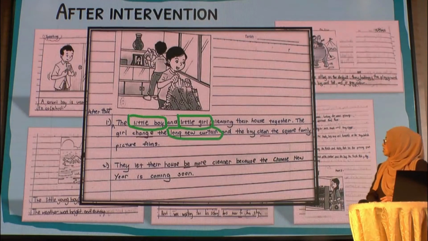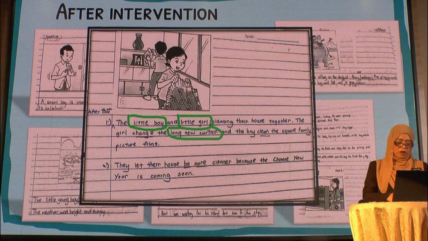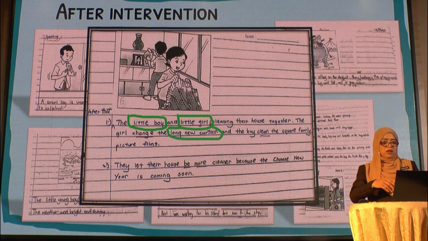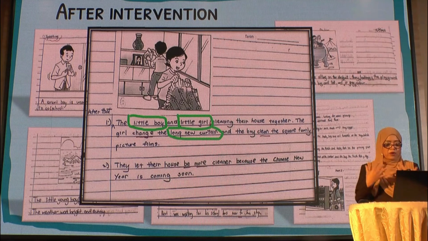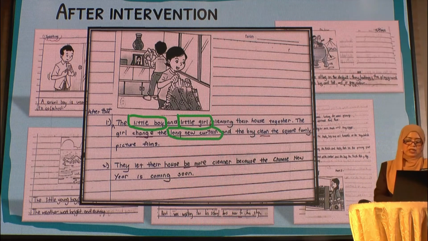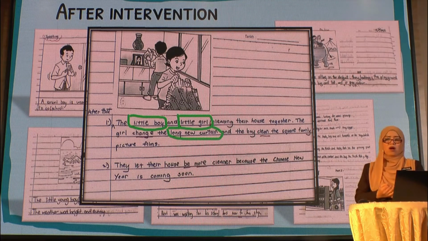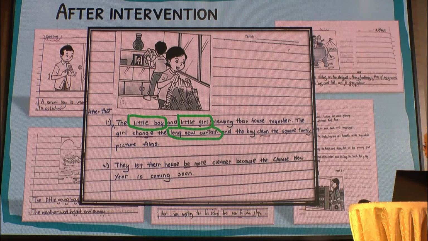So this is actually the students' response after they have identified the adjectives and arranged them in the correct order. You can see now the sentence has become more comprehensive. They have managed to describe the boy in the picture.